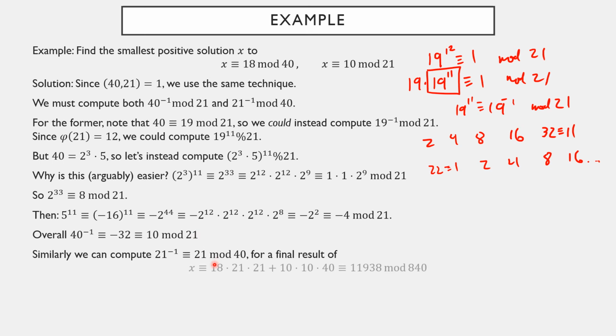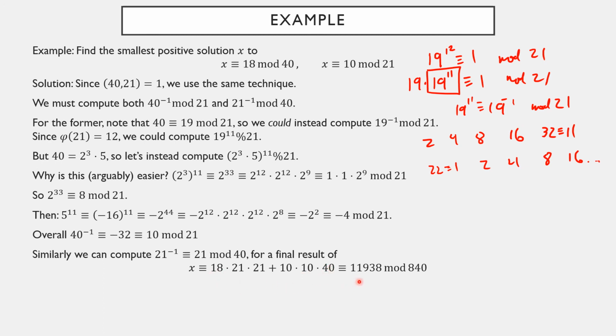So having computed both of these inverses, we go through the same business. Target value mod first base, inverse of second base mod first base, times second base, plus target value mod second base, inverse of first base mod second base, times first base.